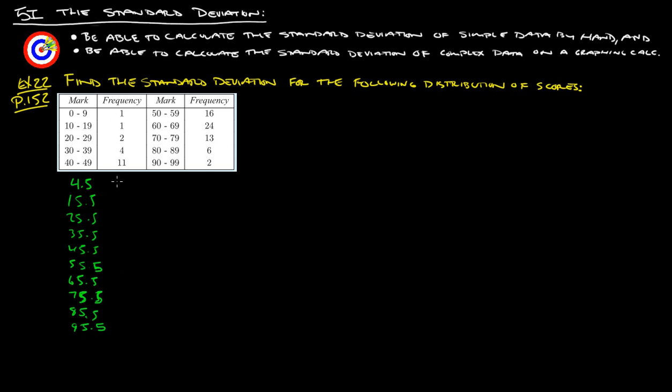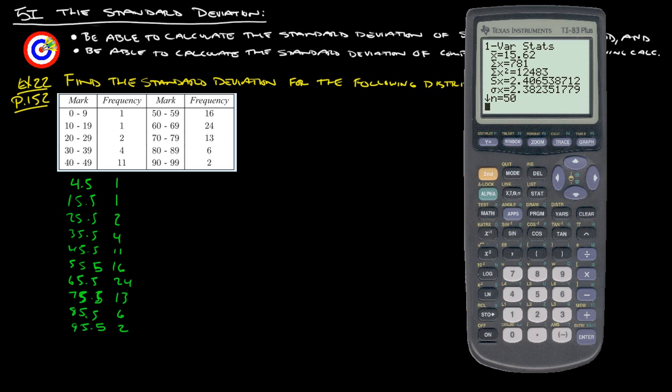Okay. So we have all those, and then we're going to put our frequency next to it: 1, 2, 4, 11, 16, 24, 13, 6, and 2. And I'm just getting all that data from right here.